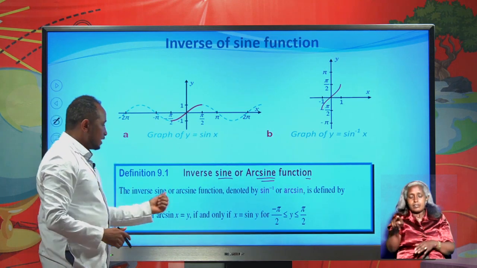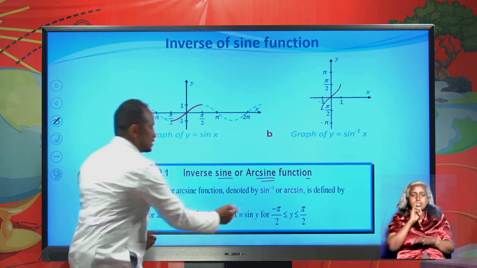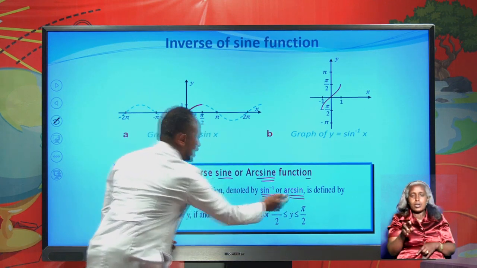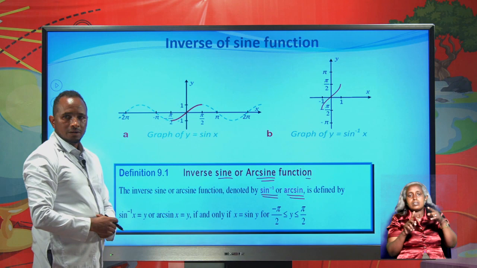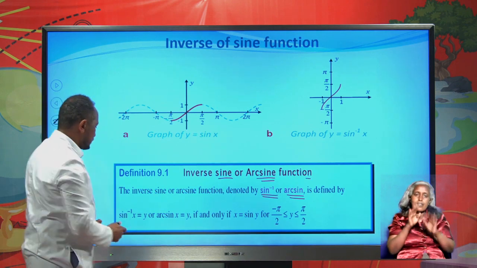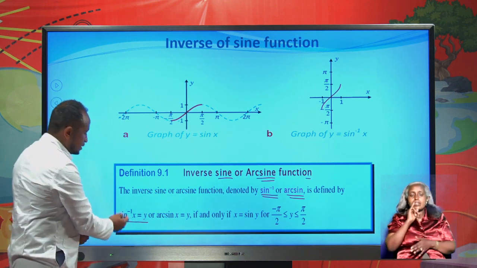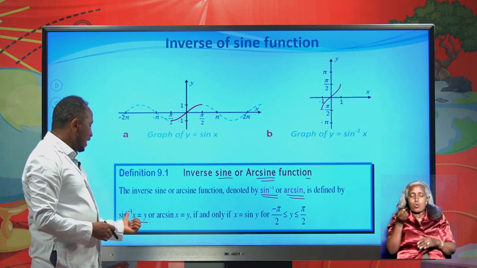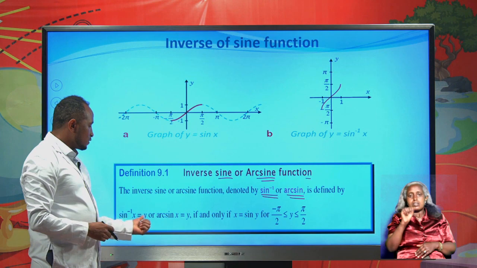So the inverse of sine, or arc sine function, is denoted by this symbol, sine inverse or arc sine. And it is defined by sine inverse of x is equal to y, or arc sine of x is equal to y.